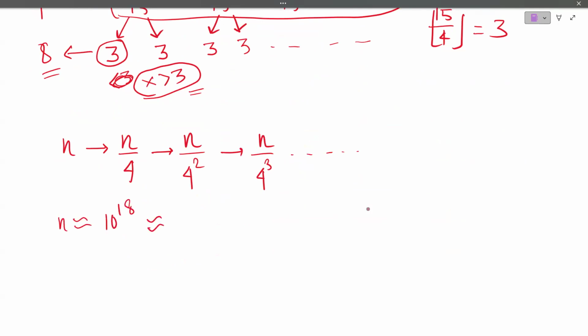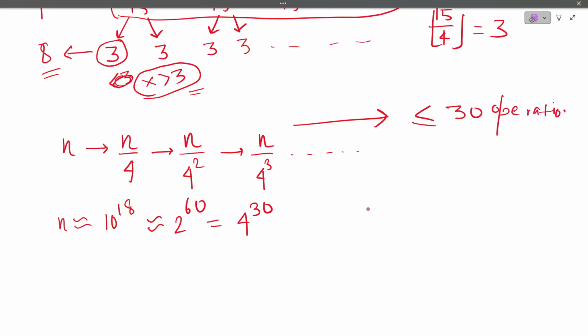And 10 to the power 18 is approximately 2 to the power 60, which is 4 to the power 30. That means if I just simulate this entire thing, it will run only for less than or equal to 30 operations, which will definitely pass the time limit. So actually, the time complexity of this solution is simply order log n to the base 4, which works pretty fine.